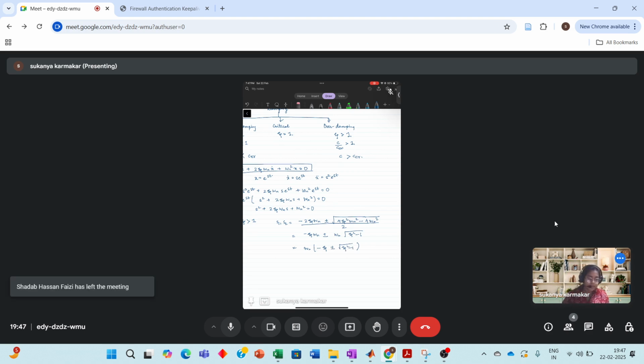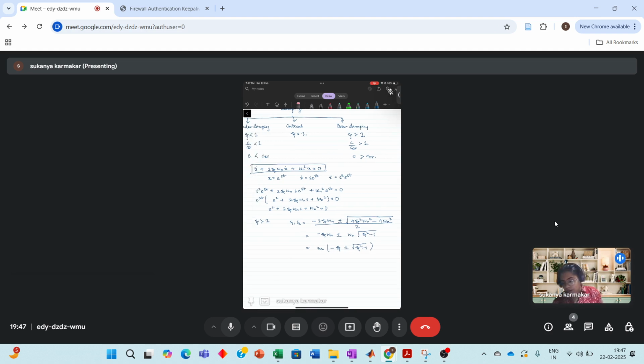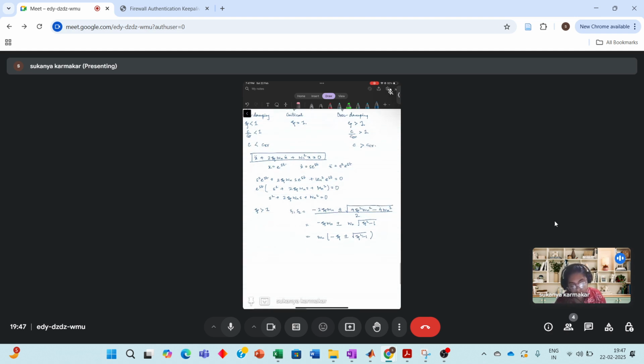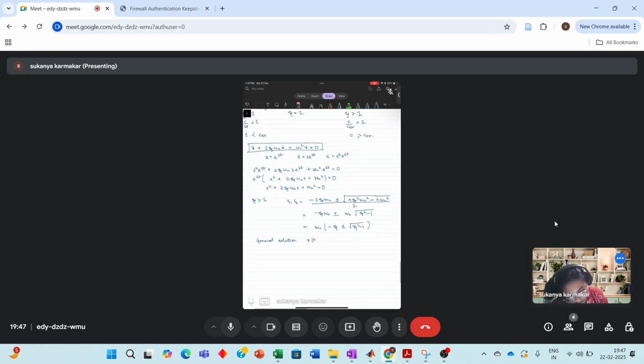So it's real, and here zeta is greater than 1. What will be my general solution? The general solution will be x of t equals a1 e to the power s1 t plus a2 e to the power s2 t.